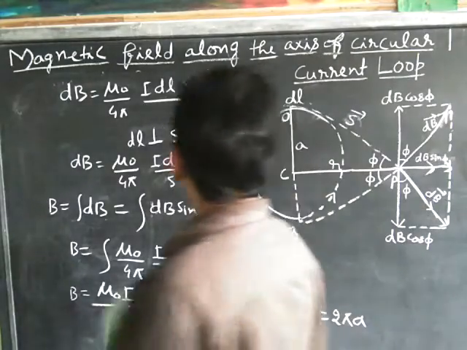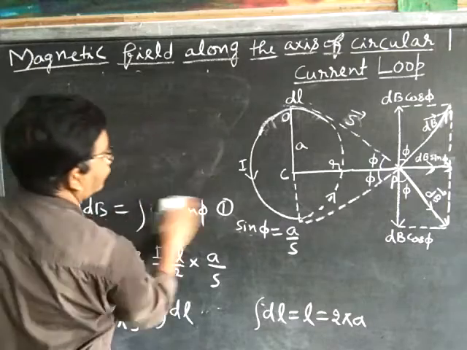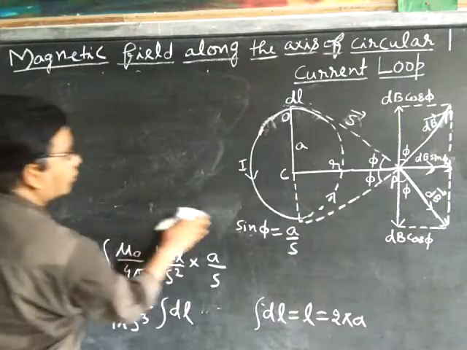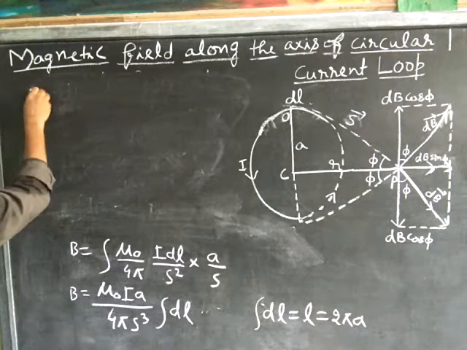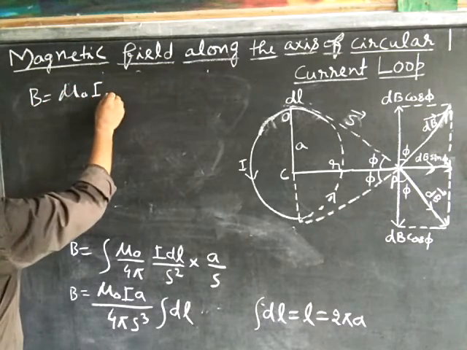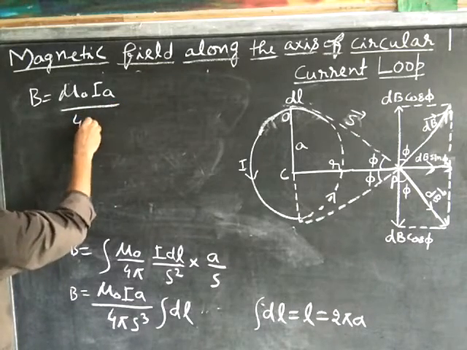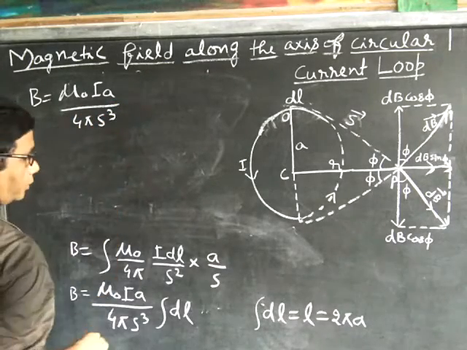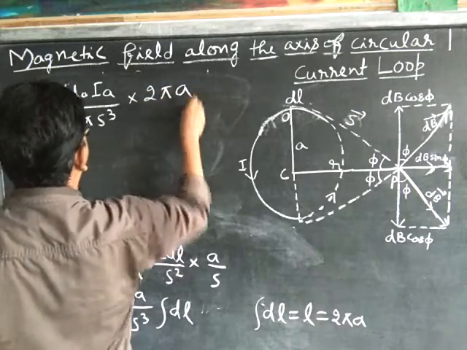Then it becomes B is equal to mu 0 I A upon 4 pi S cube into 2 pi A.